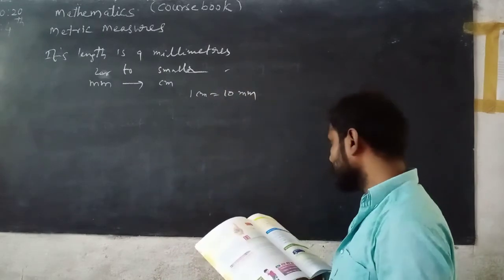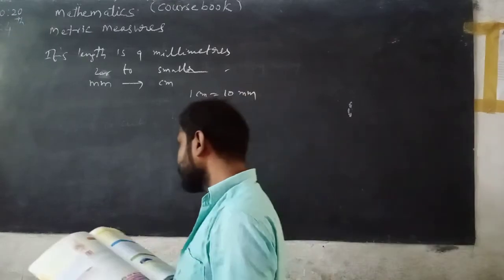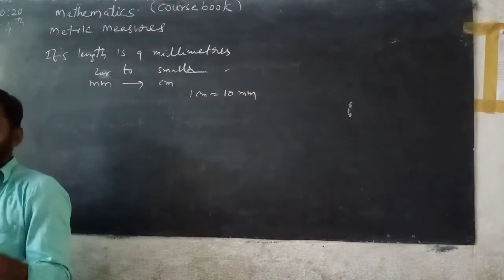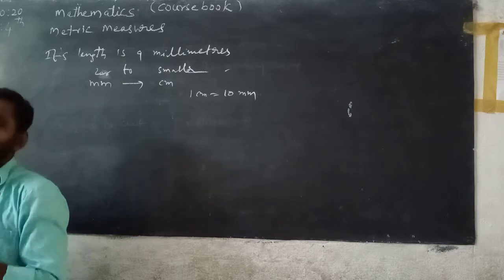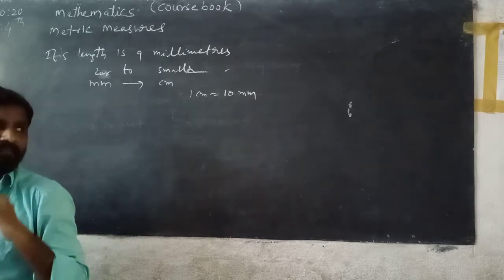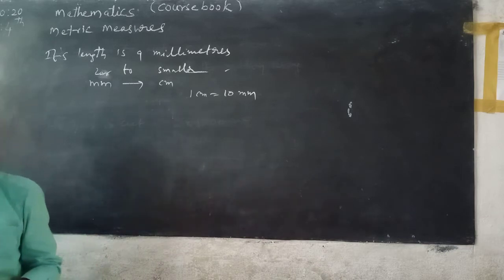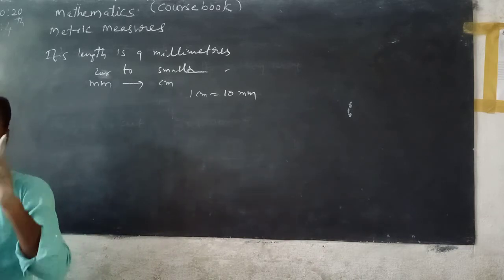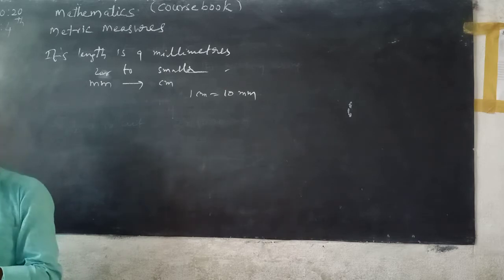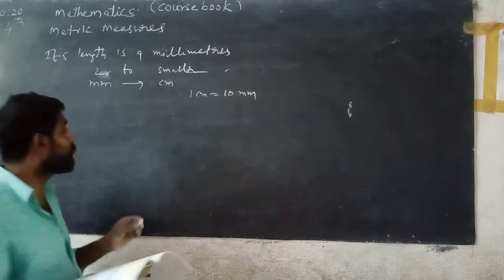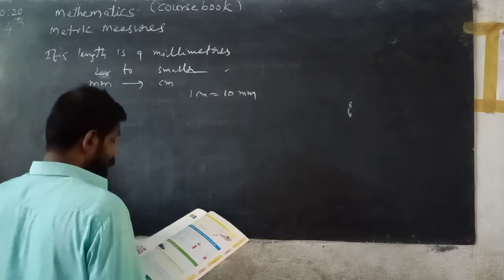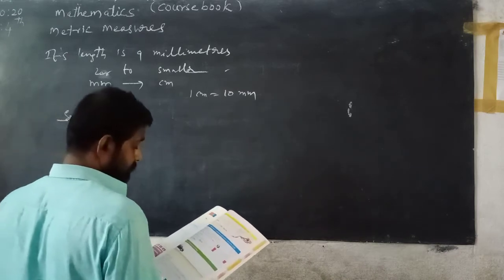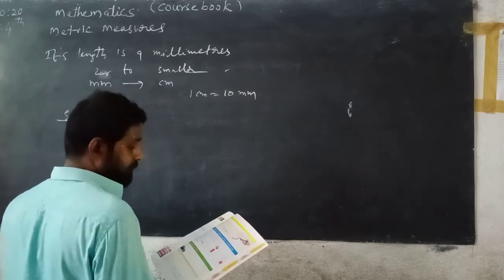Centimeter is a bigger unit than millimeter. So when the larger unit is converted into the smaller unit, we have to divide by 10, because 1 centimeter is equal to 10 millimeters. So 9 millimeters.